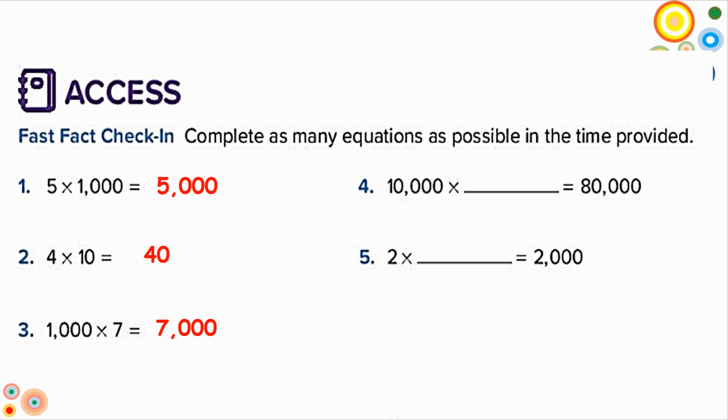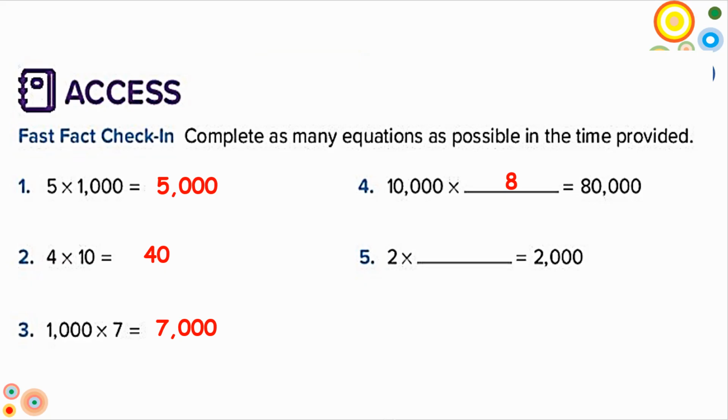Okay, here in number 4, 10,000 times what equals 80,000? Think. I have here 4 zeros and I have on the other side 4 zeros also. And here 1 times what? It will be 8. 1 times 8.